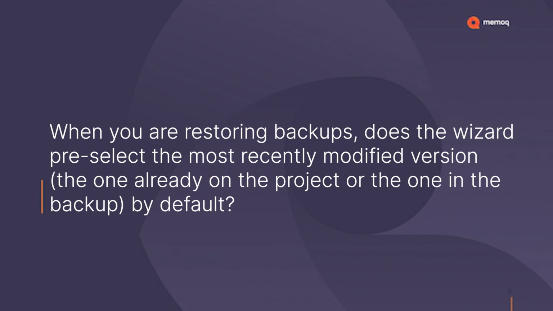You will get information on TMs, TBs, and live docs, with the latest one selected by default. For all the other resources, like memoQ options and light resources, where this information is not available at the moment within the software, the backup package will be selected by default, I think. But you can still choose another option as well.